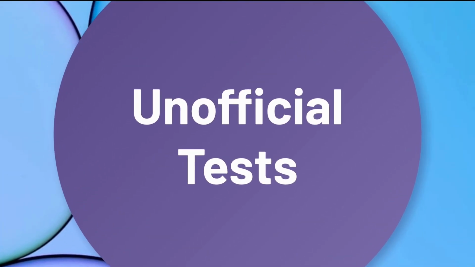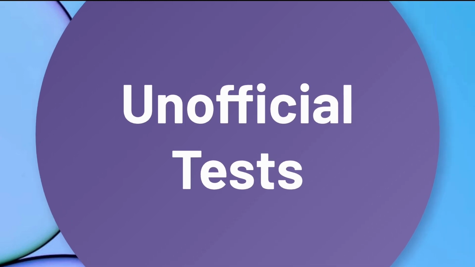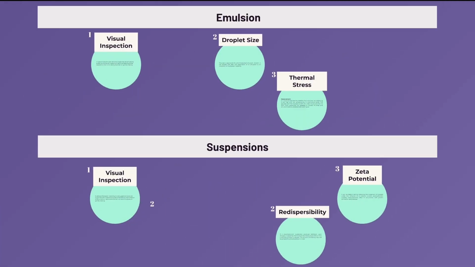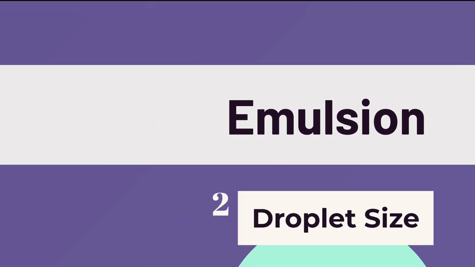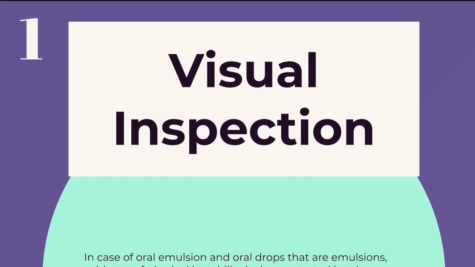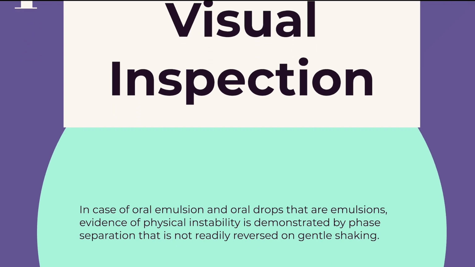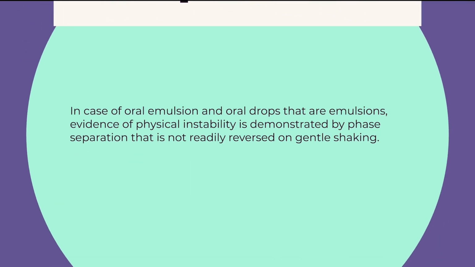Second, unofficial tests. First type, emulsion. First type of emulsion, visual inspection. In case of oral emulsion and oral drops that are emulsions, evidence of physical instability is demonstrated by phase separation that is not readily reversed on gentle shaking.